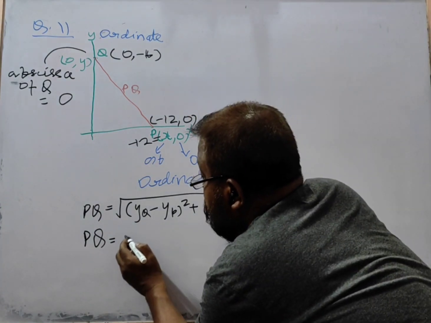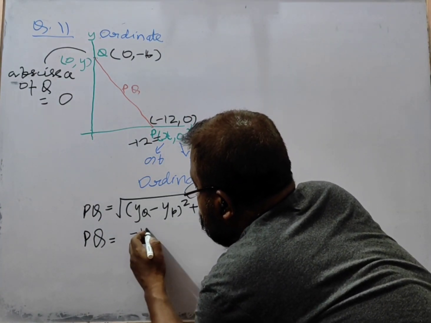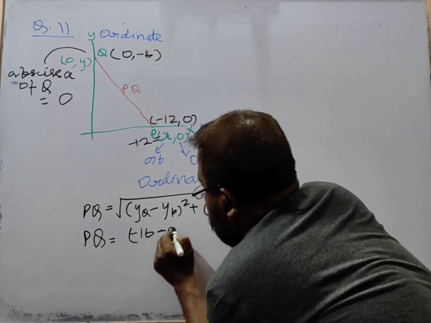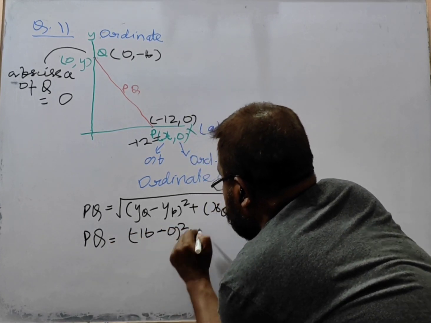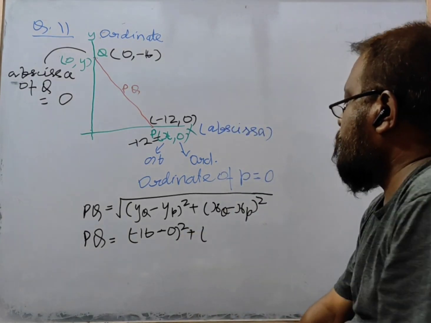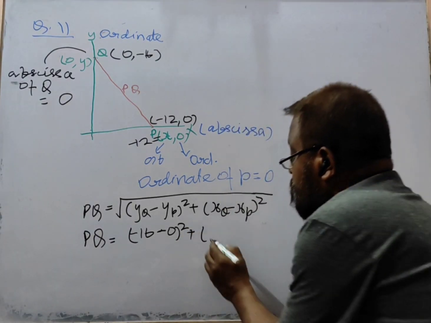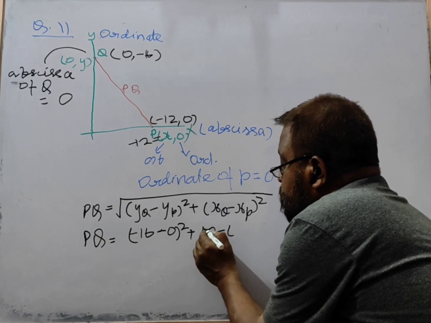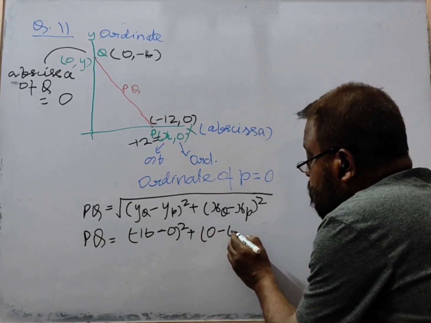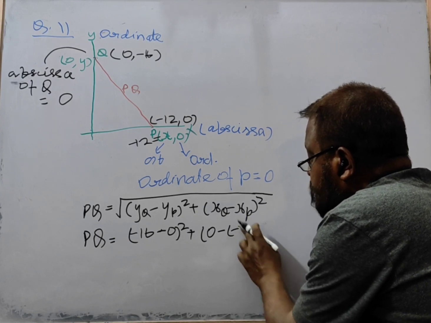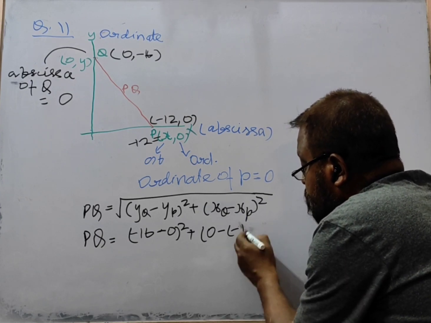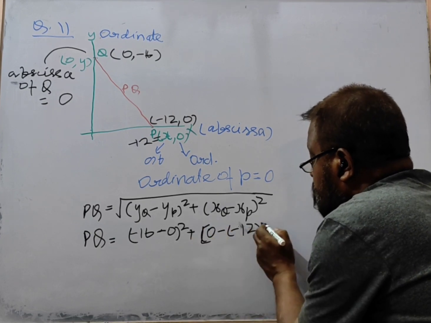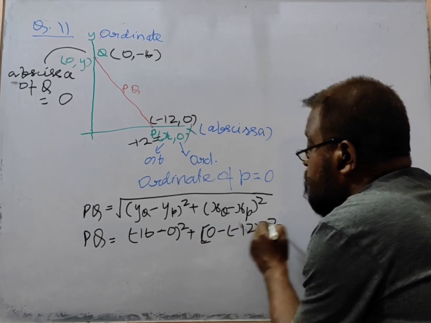So there will be (minus 16 minus 0) whole square plus (xQ is 0 and xP is minus 12) whole square.